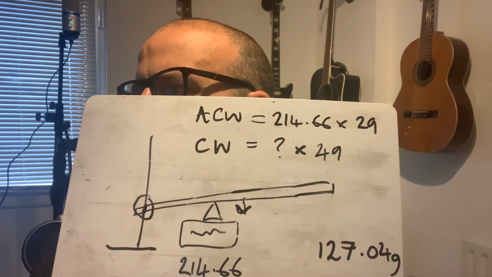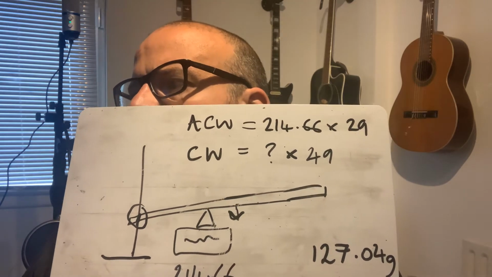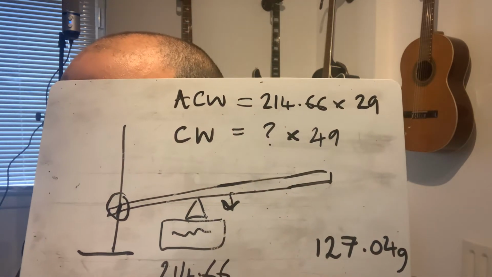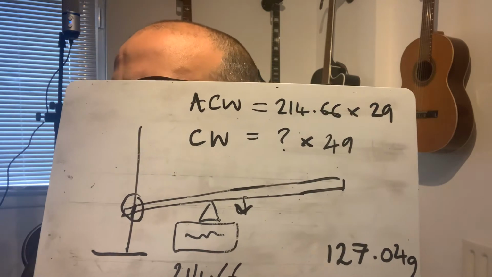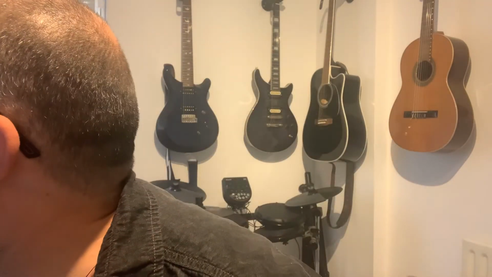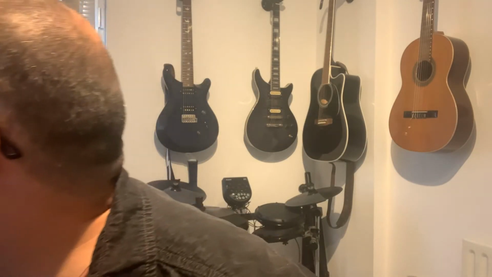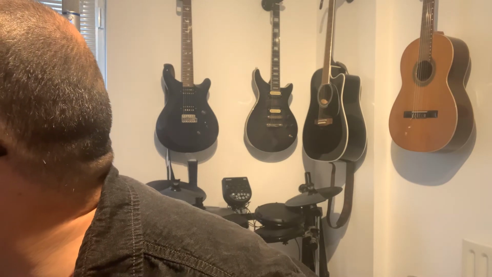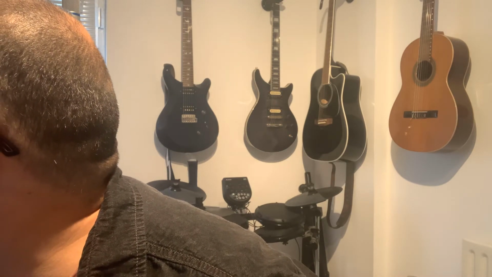Now that actually should have been rounded to 127, because for our ruler we were given a less accurate reading. We were told, I'm just looking for the data here, one decimal place actually, so that shouldn't be 127, it should be 127.0, just so we're doing that to the same number of decimal places as the ruler measurements.